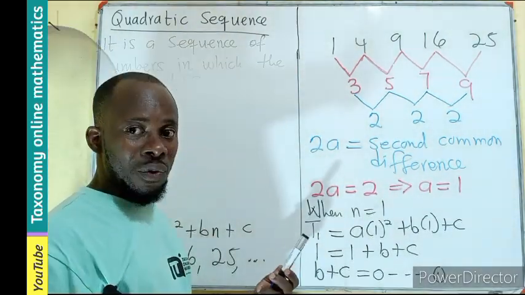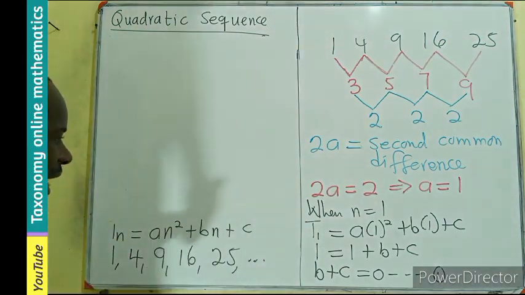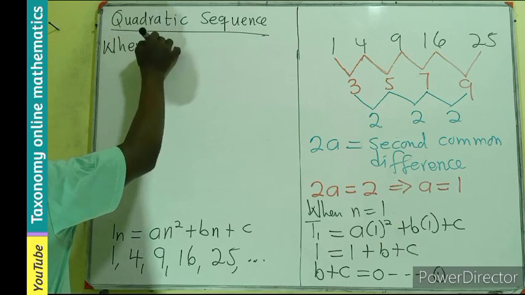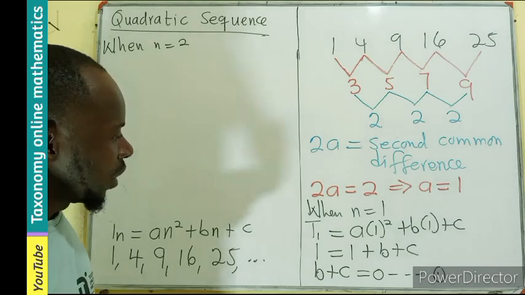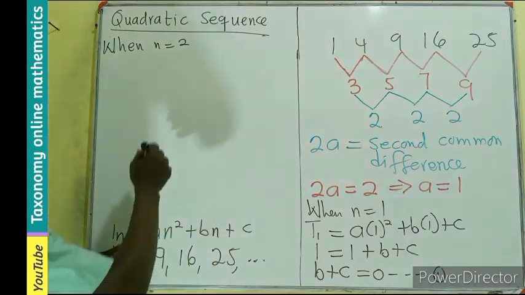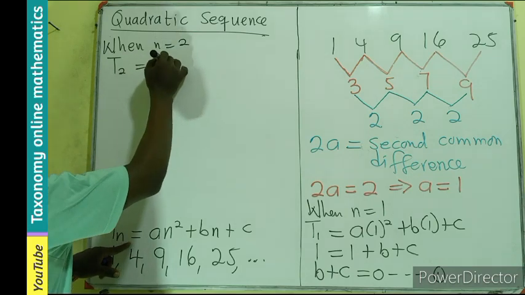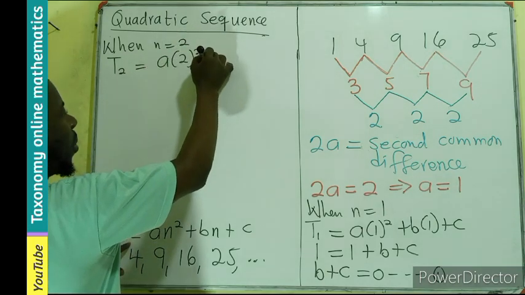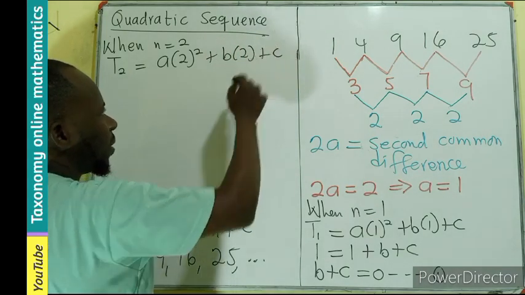So to get a second equation, in order to find b and c, the a is already known. So we can see that when n is equal to 2, right? If n is equal to 2, it means I'll be having t subscript 2 equals an squared plus bn plus c.